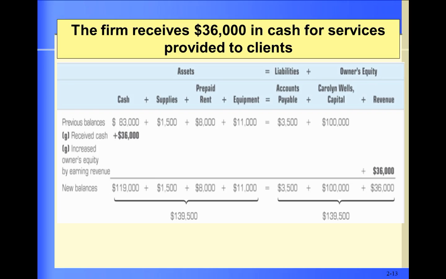But now that we've gone out and performed services, we want to keep track of how much work we've done and what we were paid for that. So our revenue account, often called fees income when we're dealing with a consulting service, is going to have to be increased by $36,000 as well. By doing this on both sides of the equation, the actual transaction makes sure that everything is in balance.